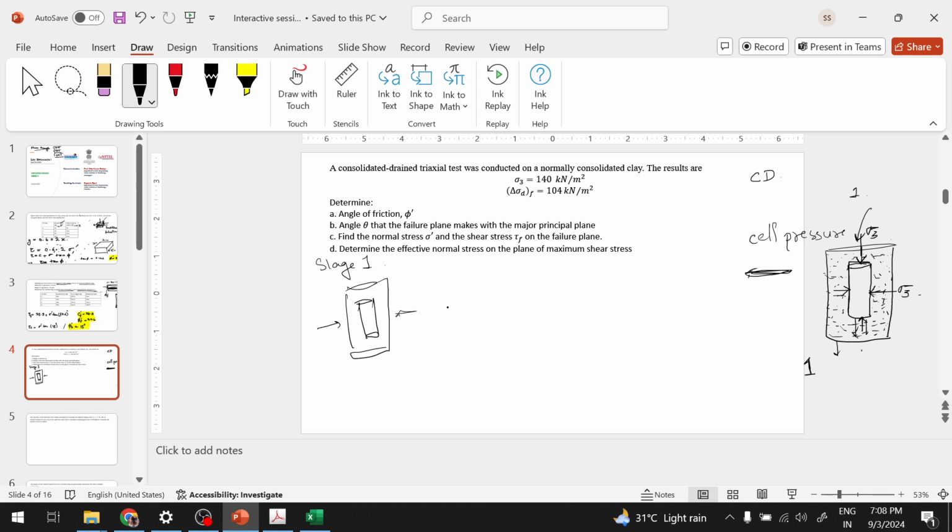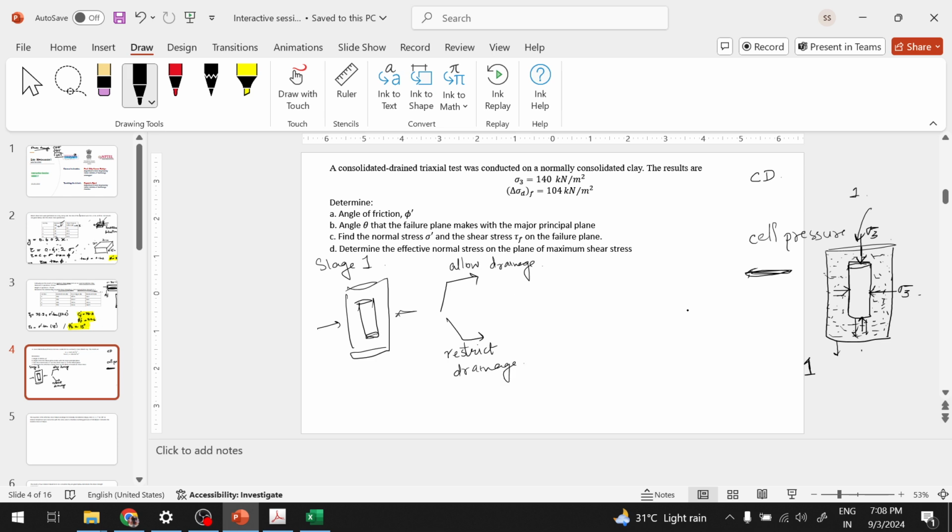Now I have two cases: I can either allow drainage or I can restrict drainage from the sample itself.